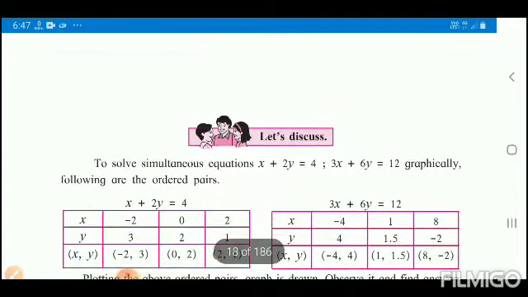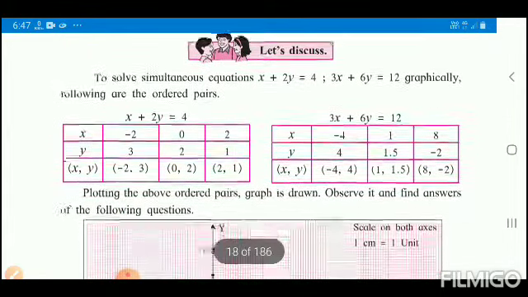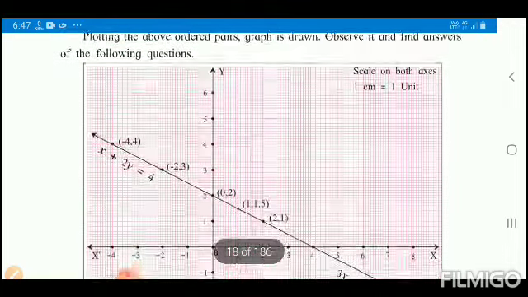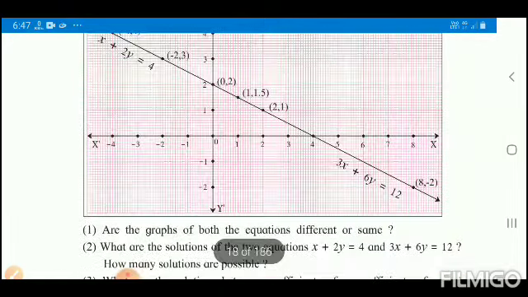Now let us discuss. They gave one example. You can see it in your book. They asked some questions. First you have to draw the graph, and here they gave the graph.